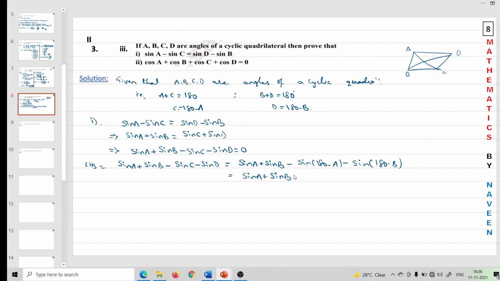So minus sin A only, minus sin B. See, these gets cancelled, right? That is equal to 0, RHS. So the first one is proved.